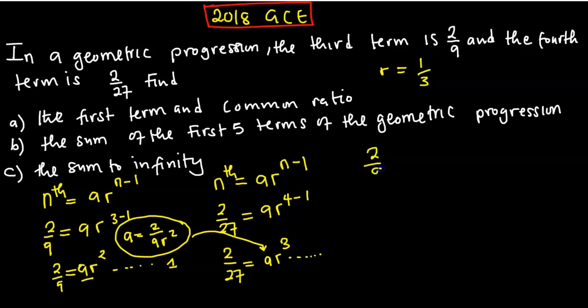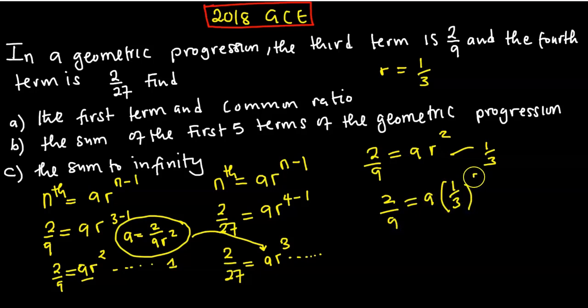So 2 over 9 equal to A r squared. So where there is r squared, I will replace 1 over 3 to find A. So 2 over 9 equal to A times 1 over 3 to the power 2. This is just the same as 1 to the power 2 over 3 to the power 2.